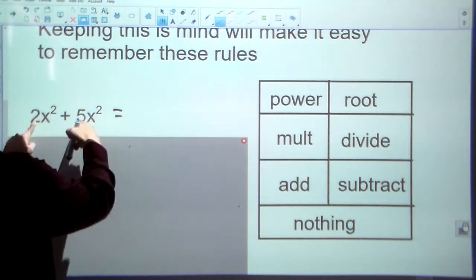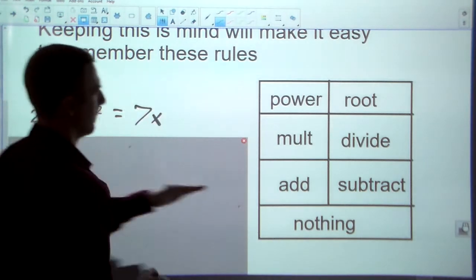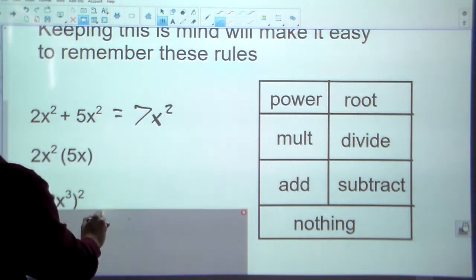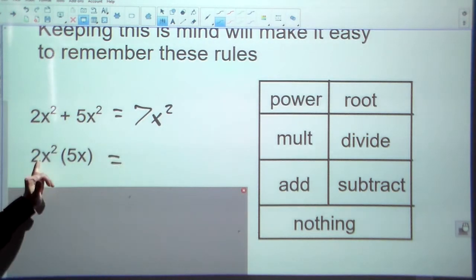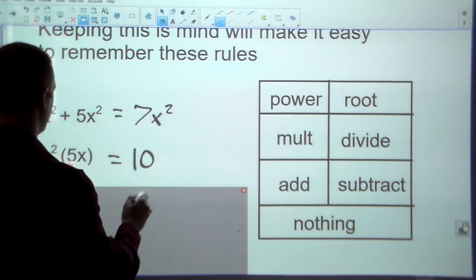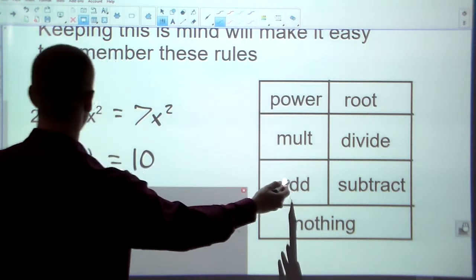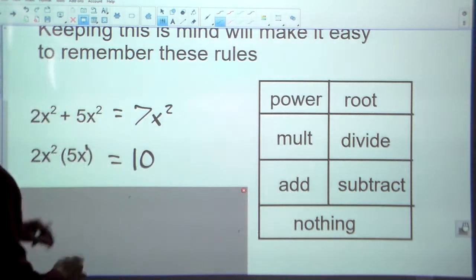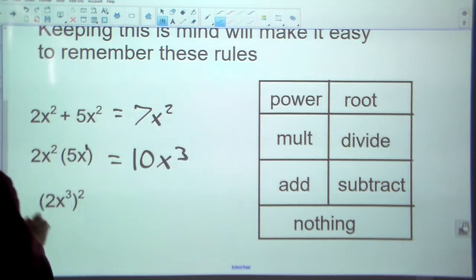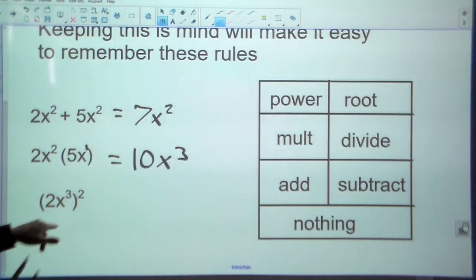If it's a plus sign here, the big numbers are going to add. The little numbers do one thing below, which is nothing, so they stay the same. All right. The next piece, you've got this term times this term, so the big numbers are going to get multiplied because that's times, which means the little numbers are going to do something easier, and they're going to add. That's x to the first technically, so x cubed. And then finally, I've got a number raised to an exponent.